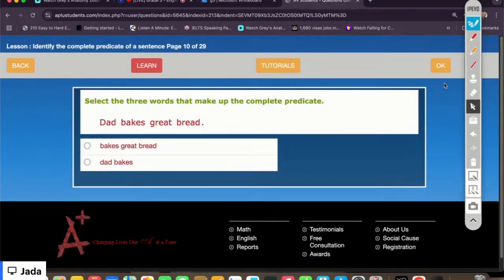Okay. That bakes great bread. What is the predicate here?